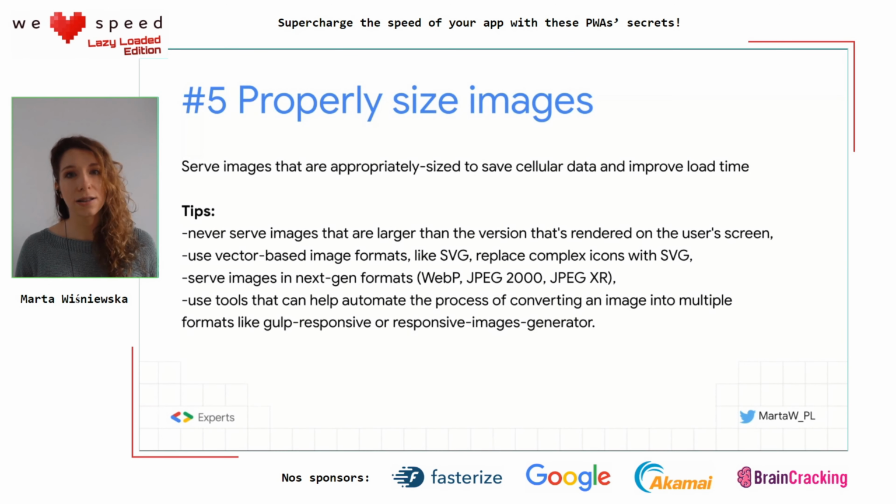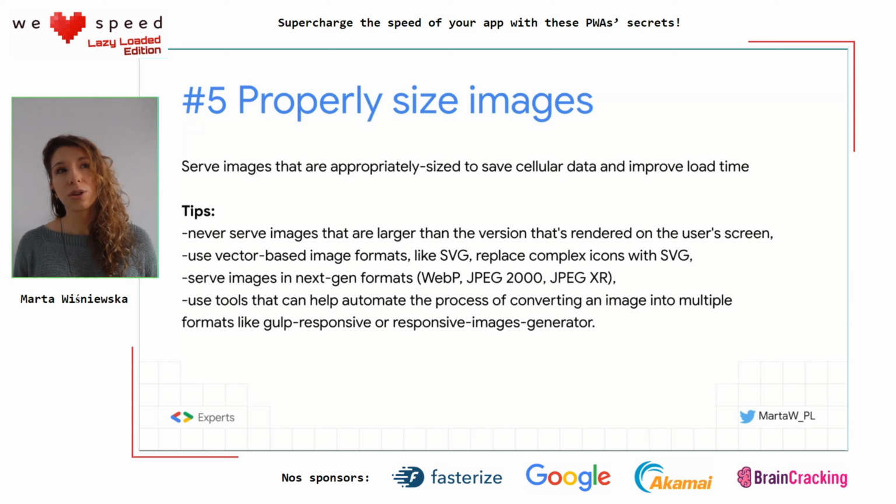So I told you about lazy loading, but other important aspects when we're talking about optimizing and improving web performance with images are image size and also image format. For image sizes, we should never serve images that are larger than the version that will be rendered on user screens.